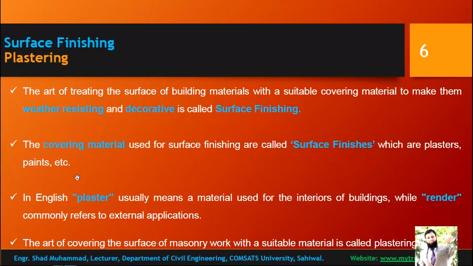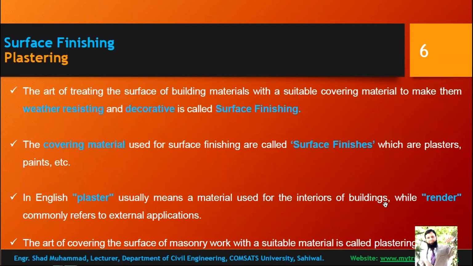In English, plaster usually means a material used for the interiors of the building, while render commonly refers to the external application. In British or American English, plaster is used mainly for interior surface finishing, and rendering is used for external application.